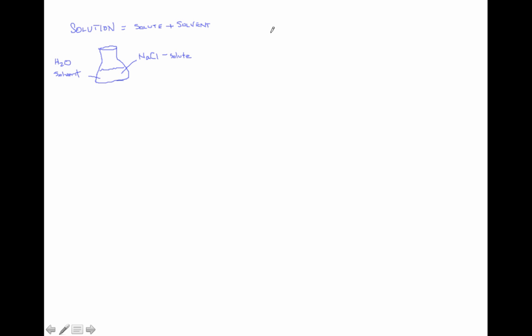So let's go through. There are lots of different ways in which chemists express the concentration of the solute in the solvent, but the main, most important way of expressing concentration is molarity. And molarity is defined as the moles of solute over liters of solution.